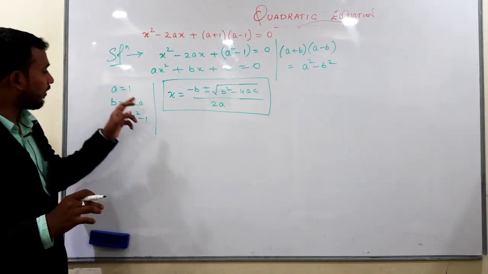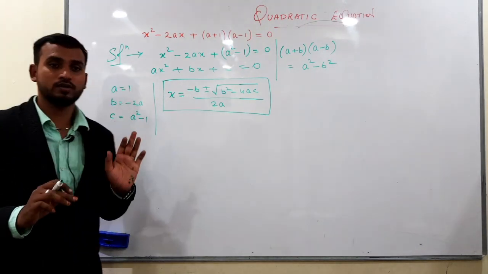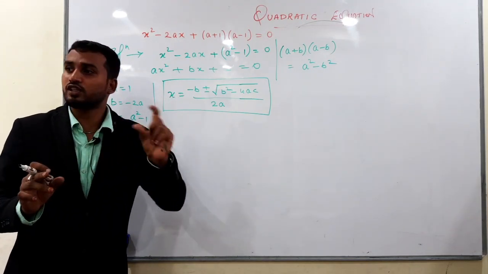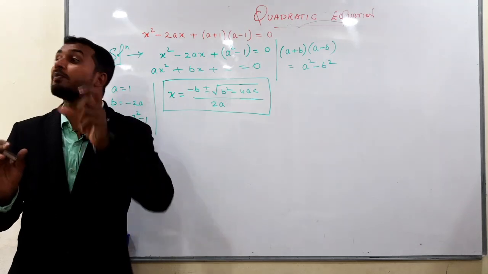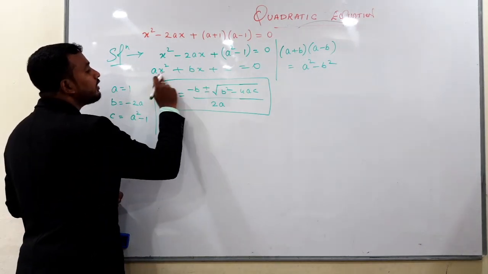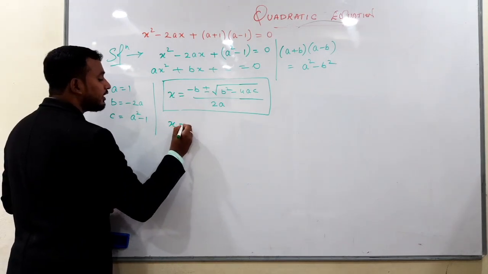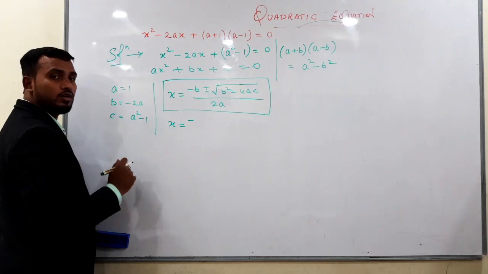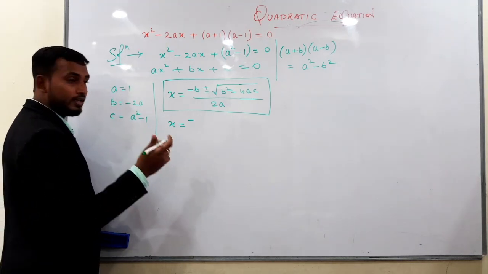Now substitute the values of a, b, c in the formula, but enclose them in brackets. If you are substituting any value, write it in brackets. Understood? See here. What is the variable here? x. We write x as it is, equals minus as it is, b. What is b value? -2a. We are getting one more minus.